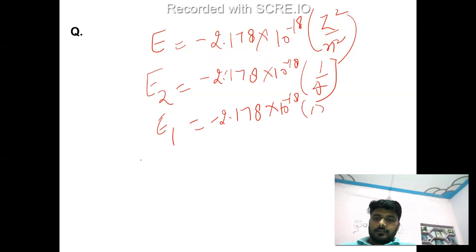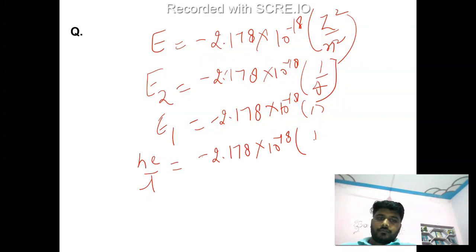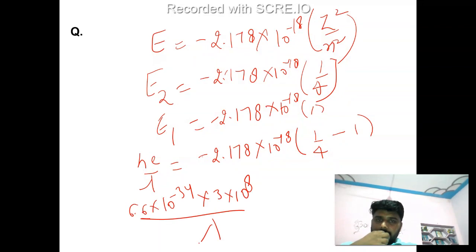Okay, so hc by lambda equals, taking the common value, 1 by 4 minus 1, right? And put here the value of c, 3 into 10 raised to power 8. Okay, and solve it. So you will be getting the first option.